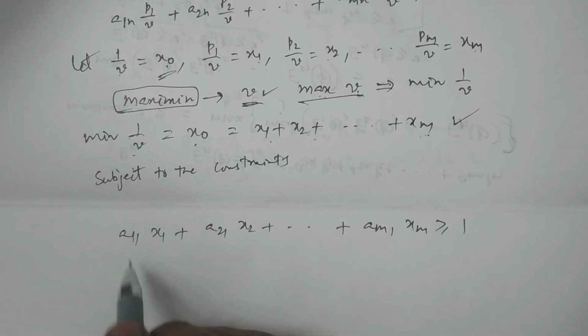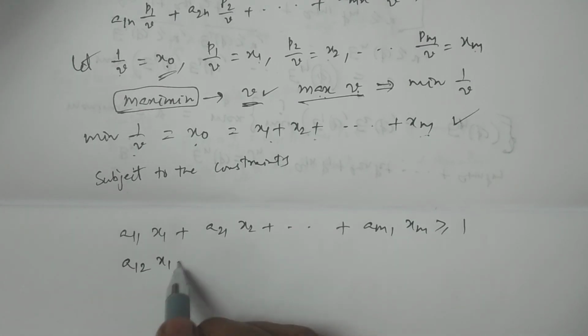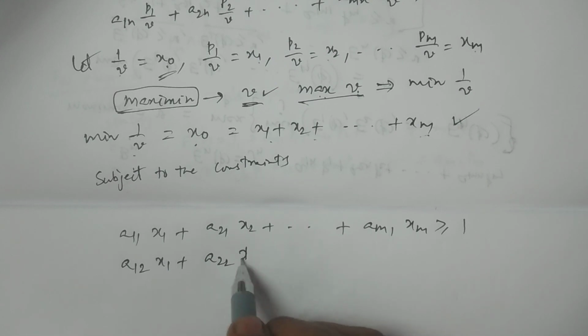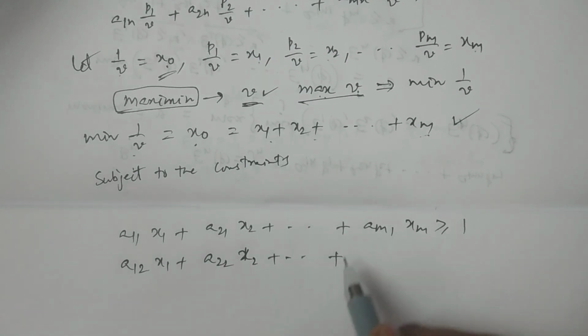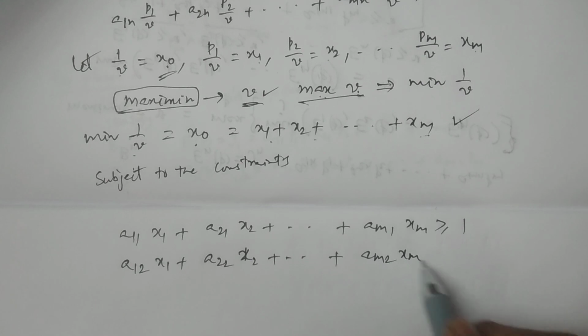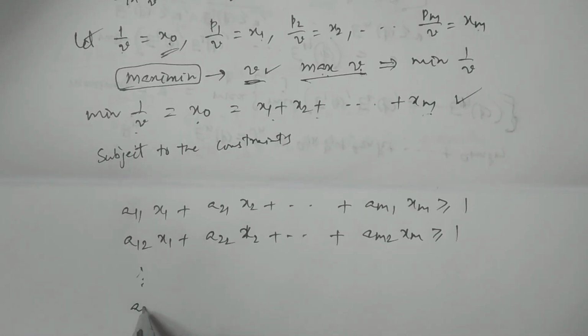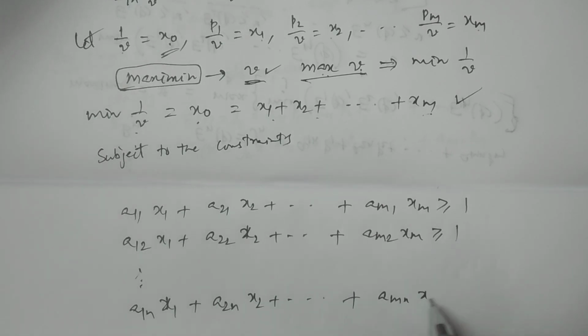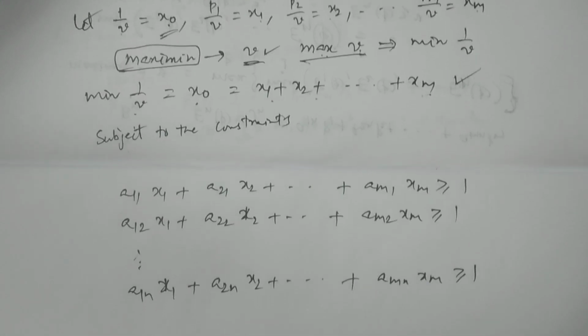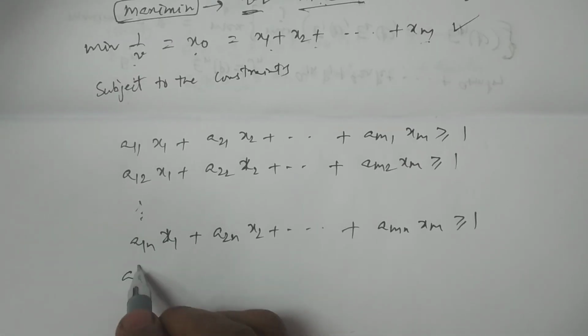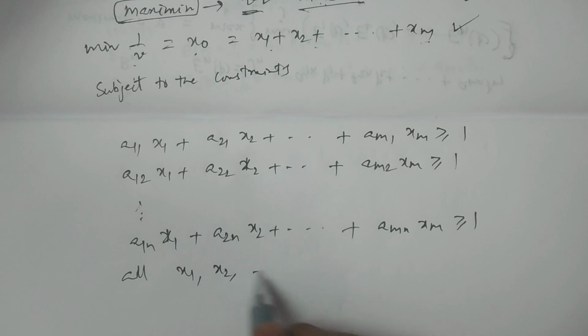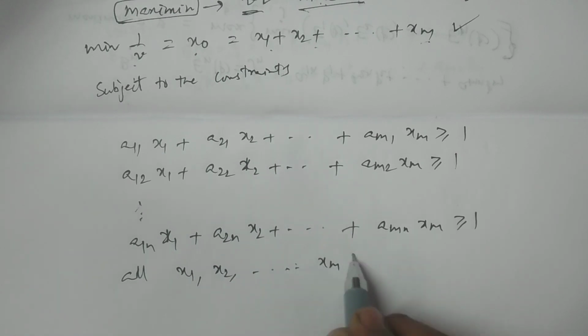First constraint. Second one, similarly A12 x1 plus A22 x2 plus and so on plus AM2 xm is greater than or equal to 1, and so on. The last one, A1n x1 plus A2n x2 plus and so on plus AMN xm is greater than or equal to 1. And obviously all x1, x2 and so on xm are greater than or equal to 0.